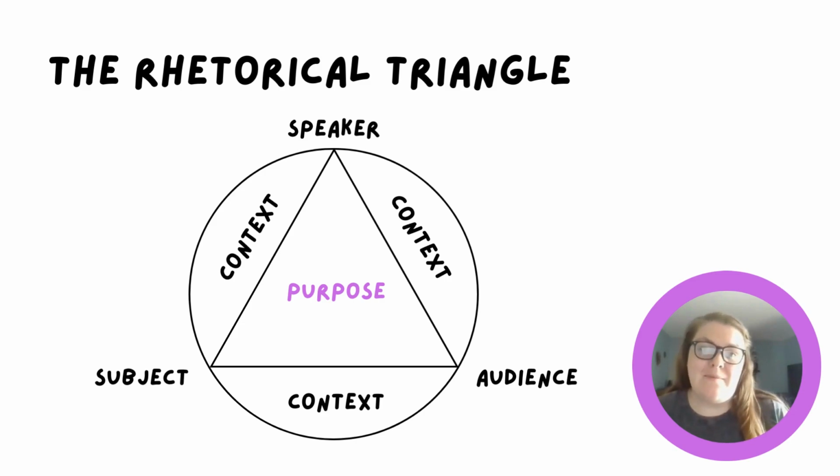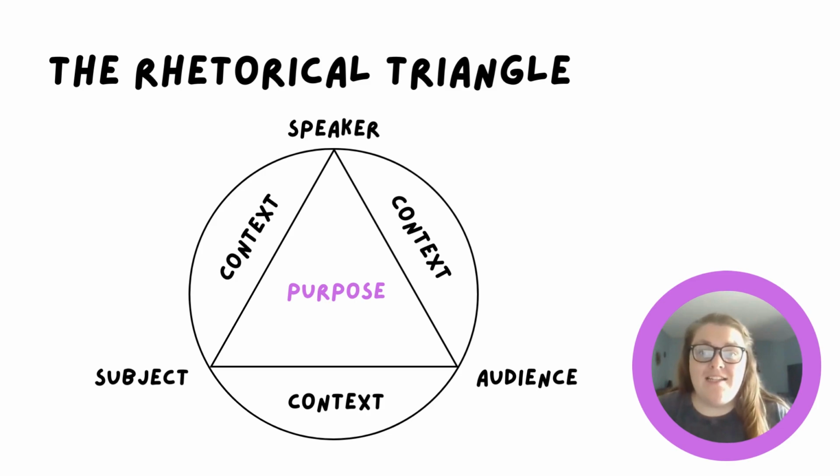Let's give an example. Consider a college biology professor. If they are the speaker and their subject is photosynthesis, the purpose is going to change based on who that audience is. For instance, when they're speaking to their college students, they're probably preparing them for an exam or explaining the content to them so that they too know it.